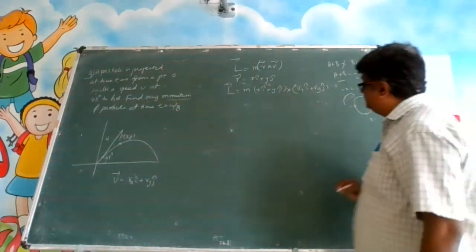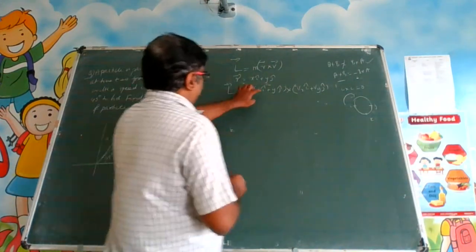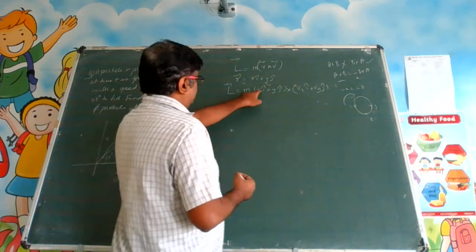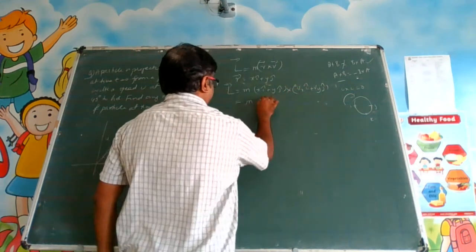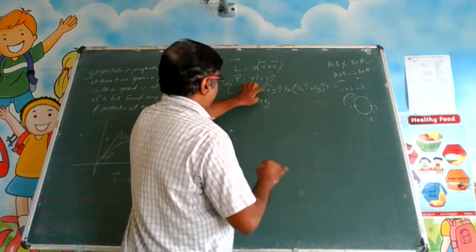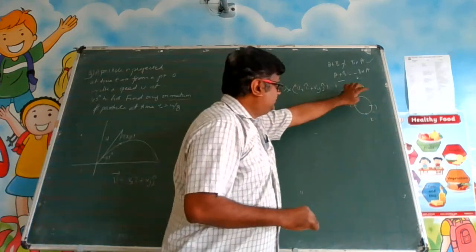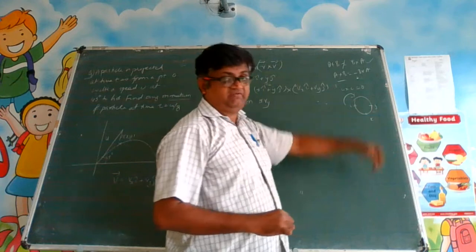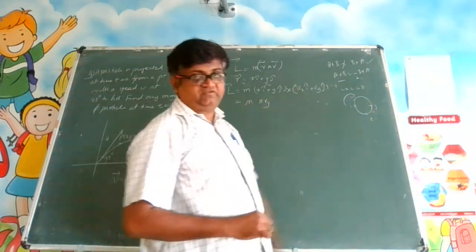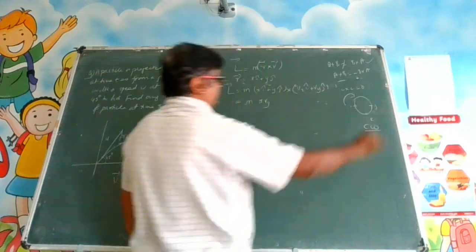So we'll just write that. m into i cross i is 0. i cross j, that means x vy into i cross j. What is i cross j? Remember this circle. i cross j will become k. You have to go in a particular fashion, in the clockwise fashion. If you go in the clockwise fashion, this is the rule you can remember.